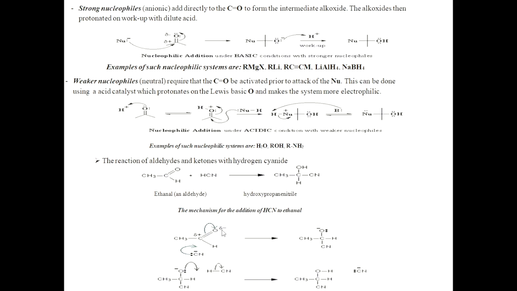Oxygen will get a partial negative charge, whereas carbon gets a partial positive charge. And cyanide, being a nucleophile, will attack the carbonyl carbon, the positive-charge electrophile, and then we will get the cyanoalkoxide.